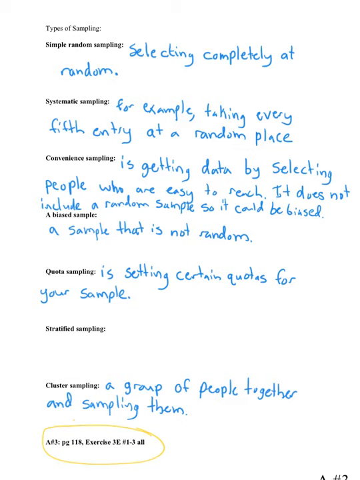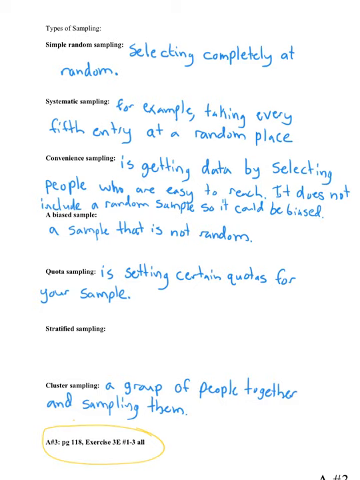So, like, let's say I want to interview track athletes, but I need to interview the first 8 pole vaulters I see. So, as long as I interview 8 pole vaulters, then I'm good. So that's like setting a quota that says I have to interview 8 people that meet this criteria.